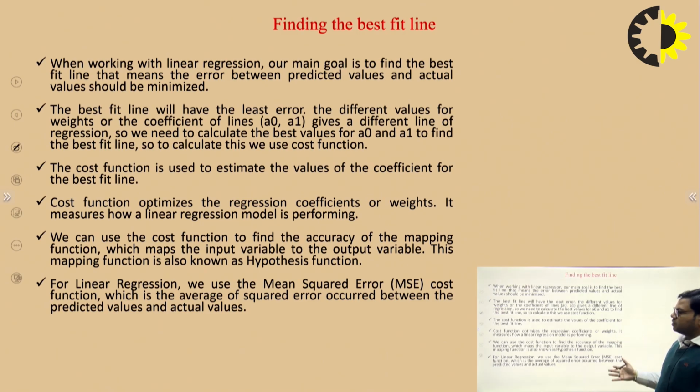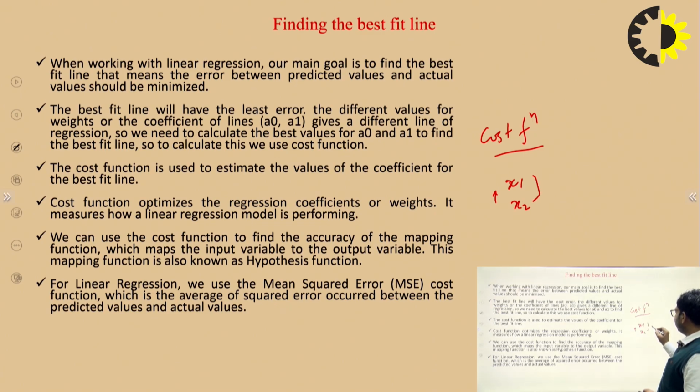So all these points are for choosing the best fit line. For choosing the best fit line, I need to calculate a cost function. Cost function is nothing else but the difference. If I am going to predict something, the prediction is x1 and the actual value is x2.